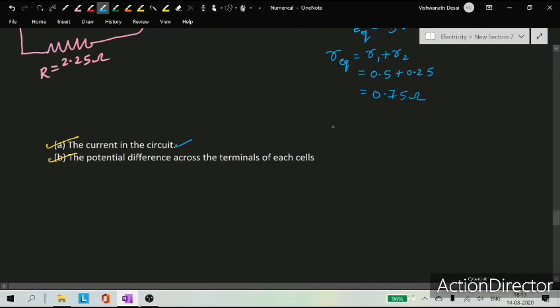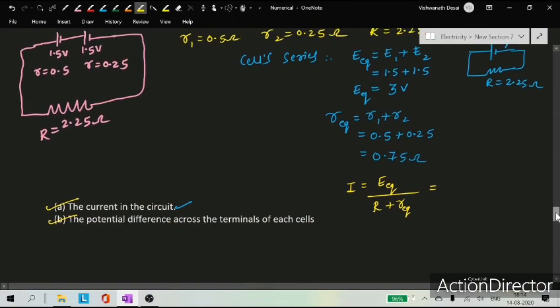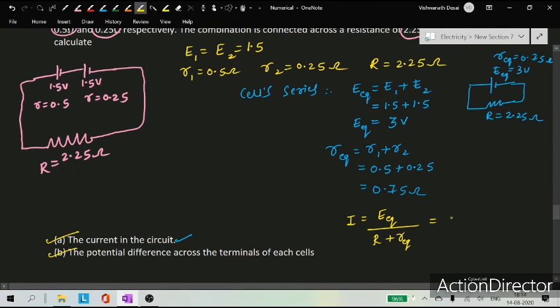So the current I is equal to E equivalent divided by R plus r. R value is the external resistor, and the equivalent internal resistance you must take. That's calculated now. So E equivalent calculated.